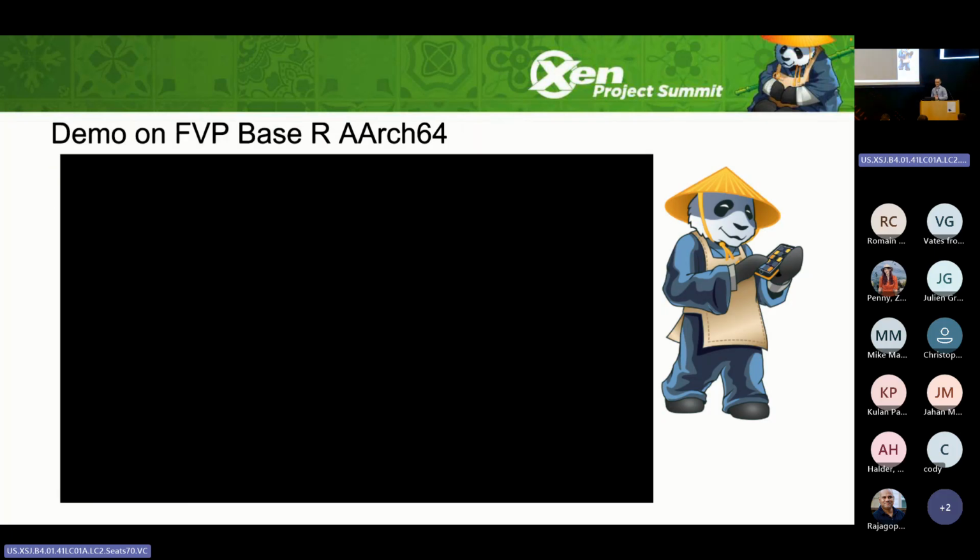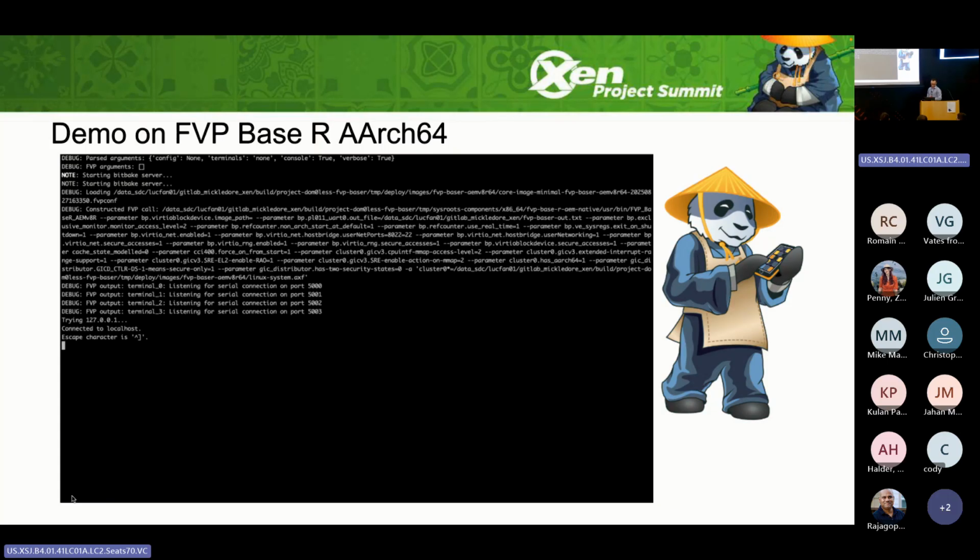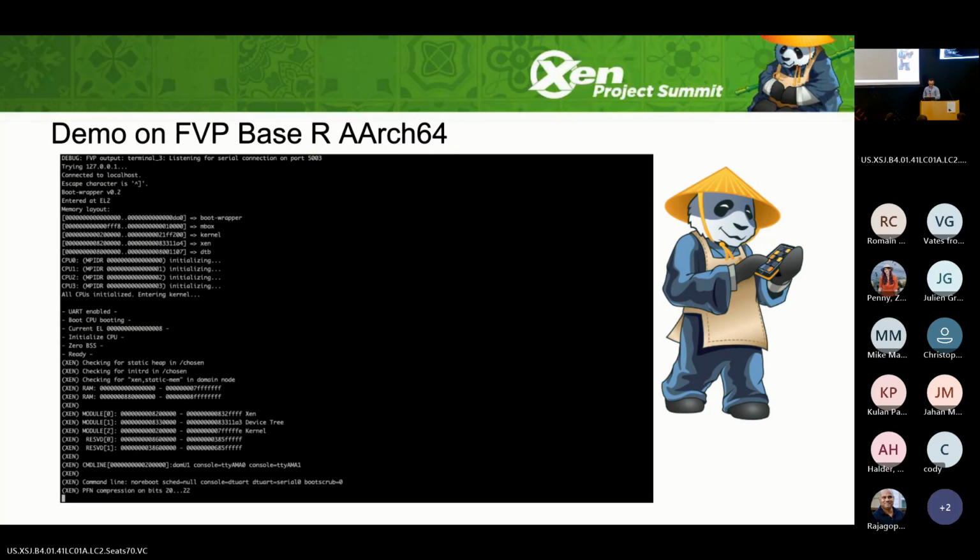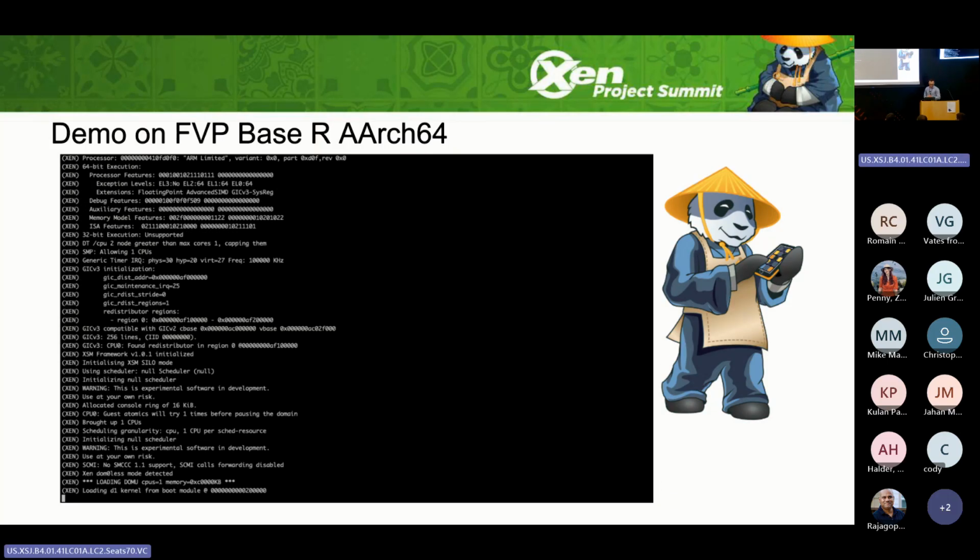I've prepared a quick pre-recorded demo of Xen running Linux on top on a Cortex-R platform. So let's see if I find it, yes. Okay, so the AVP is starting. Xen is starting, and now we are copying the kernel. These steps take a while.